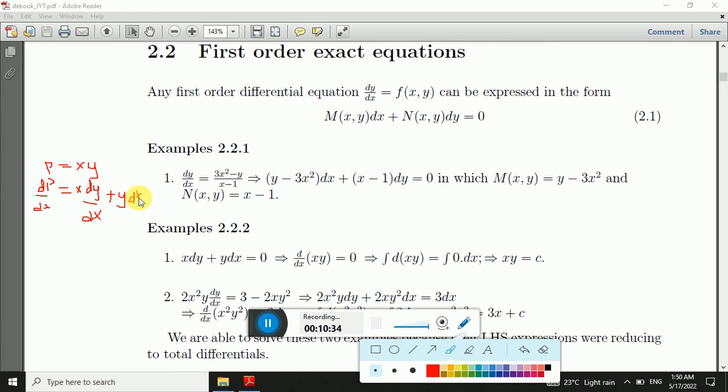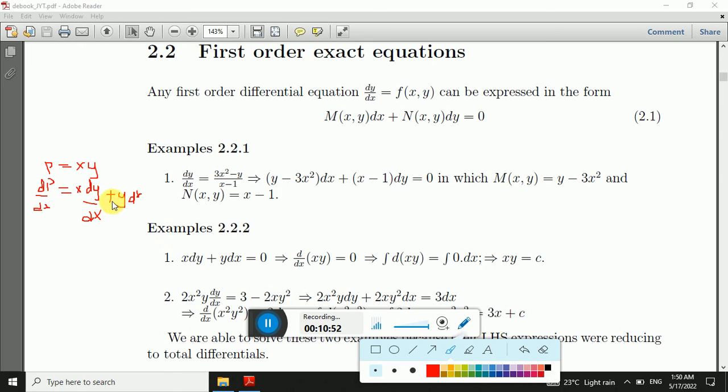What I wanted to show you is that when you look at this left hand side, you have x dy/dx plus y dx.